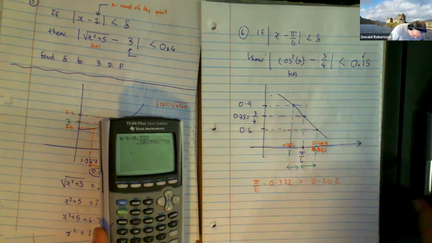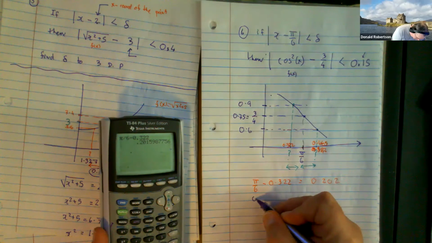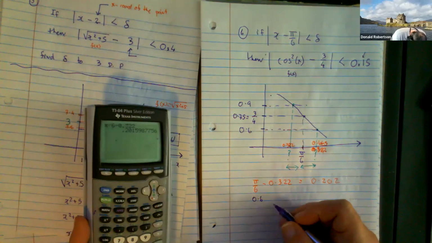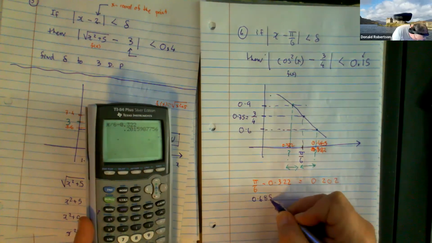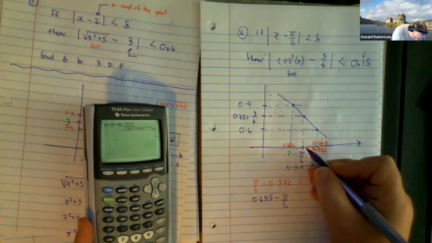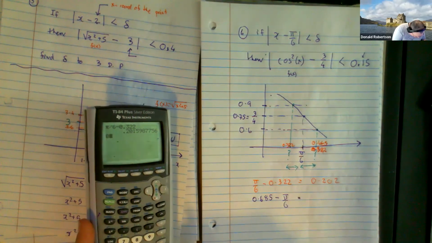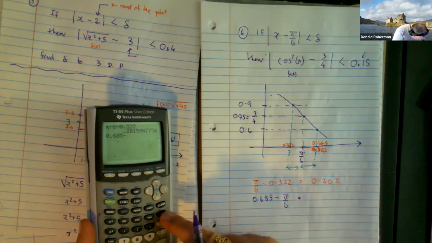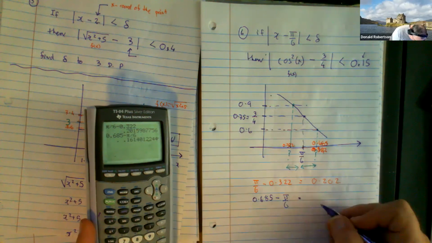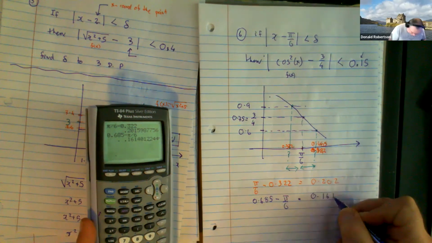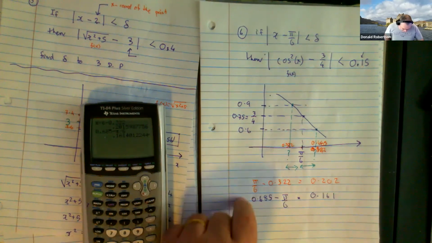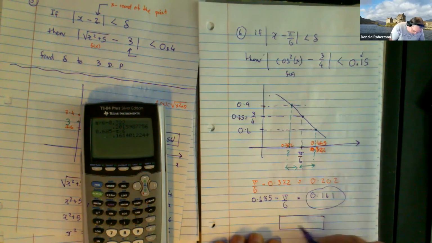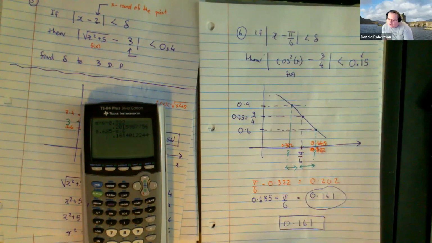Now if I go the other way, this one, I'm going to find out 0.685, take away pi upon 6. That's going to tell me this distance. So 0.685, take away pi upon 6. And this is 0.161. Right, these are the two potential deltas. Isn't that the smaller of the two? In my question, that's what's going to go there.